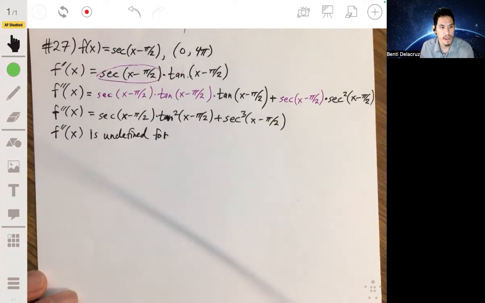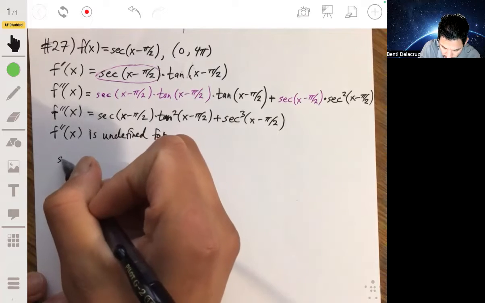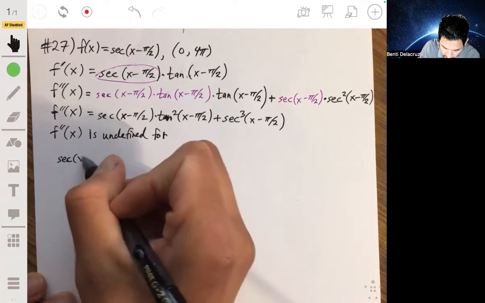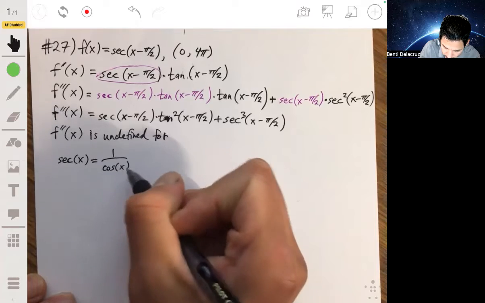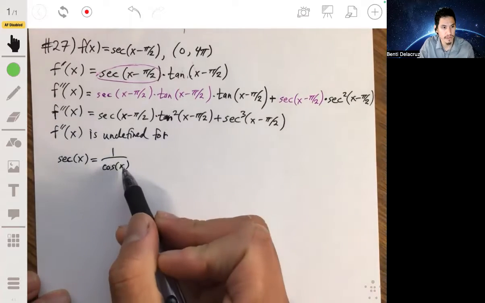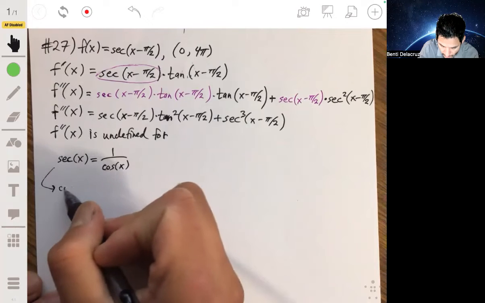So let me do a little sidetrack here in case you need a refresher. In general, the secant of x is equal to 1 over the cosine of x. So it's undefined when the cosine of x equals 0.